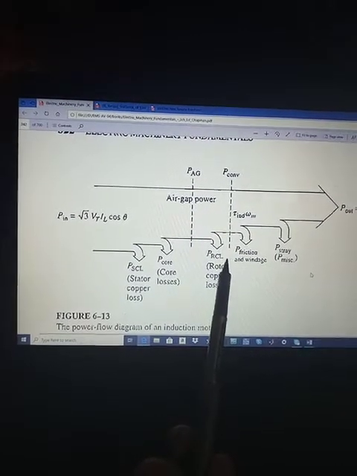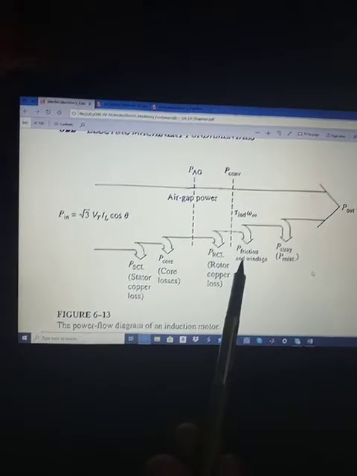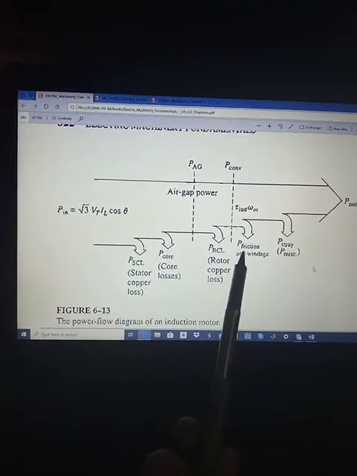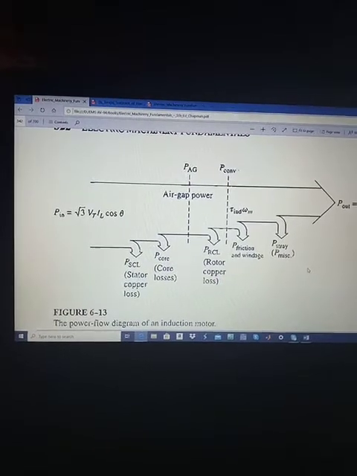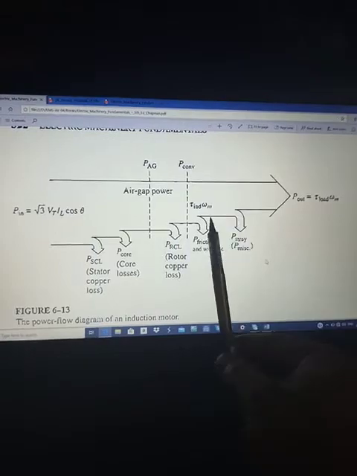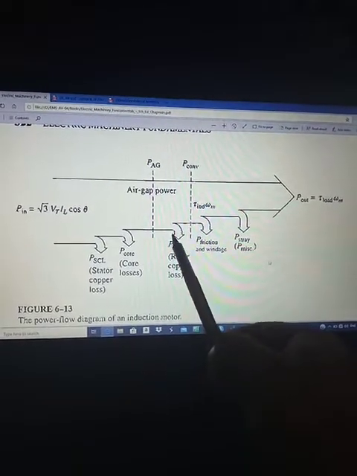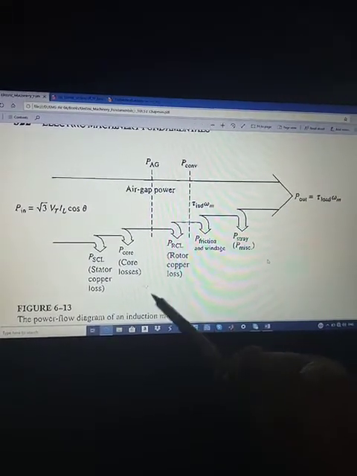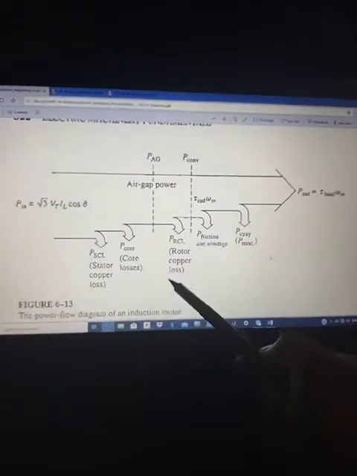In a cage rotor, the bars are also made of copper, so there may also be I square R losses. These are also called rotor copper losses.